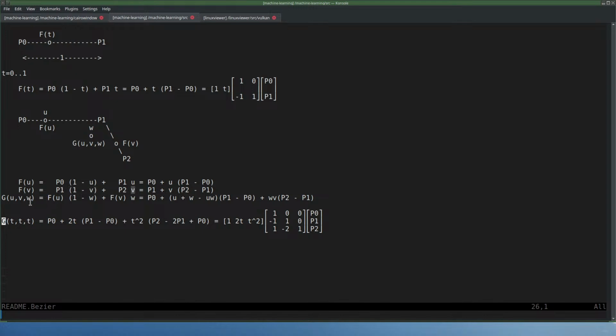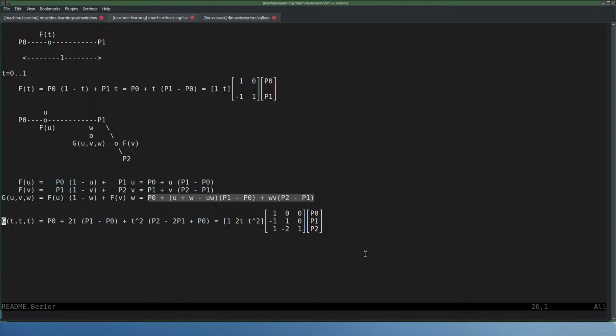This one is running from the point fu times 1 minus w plus the other point fv times w, which you then can write out, and then you get a complex formula of 3 variables, and then you just fill in t for all 3 of them, and then you get the Bezier curve. So I guess you can do the next step as well, and the next, and then you have the cubic one.